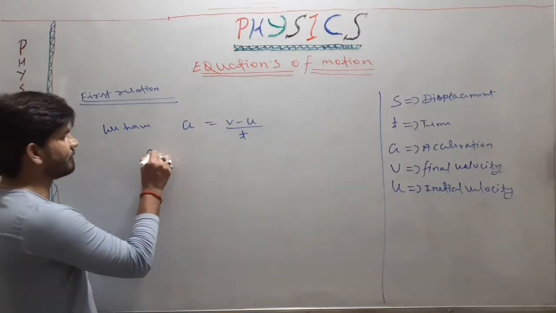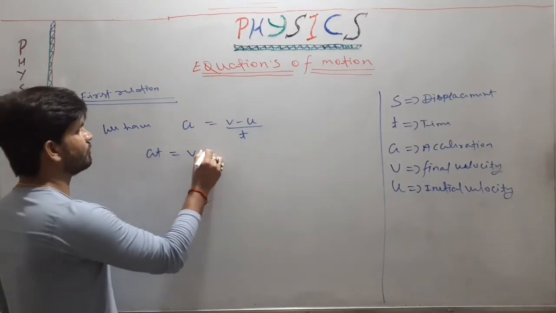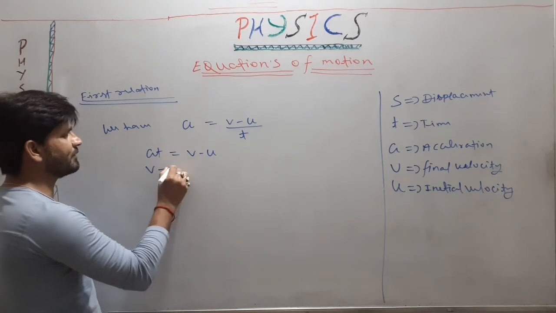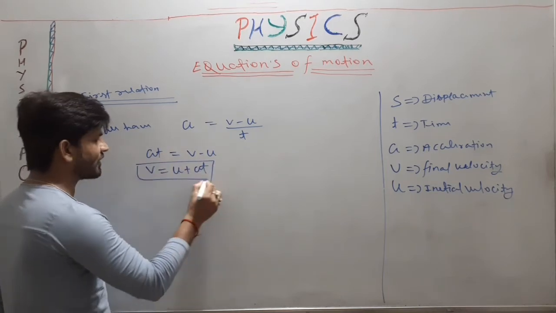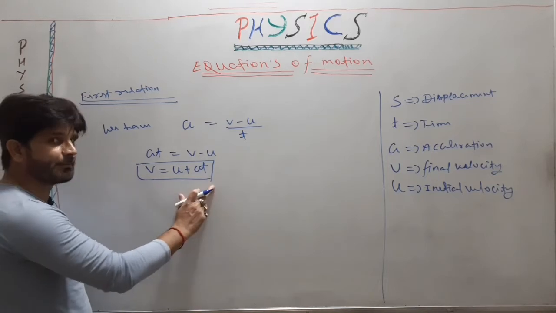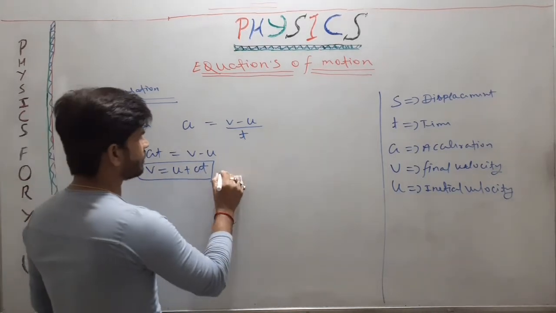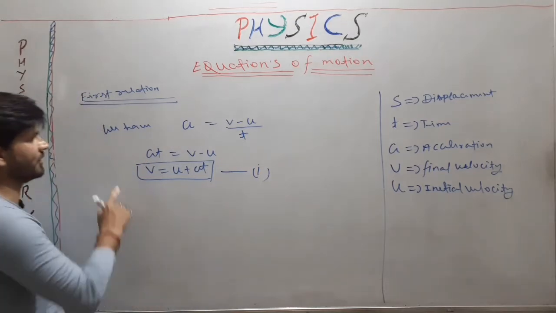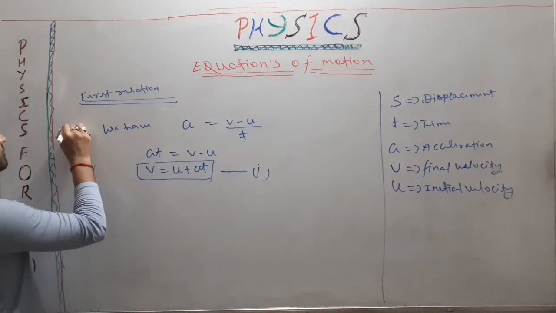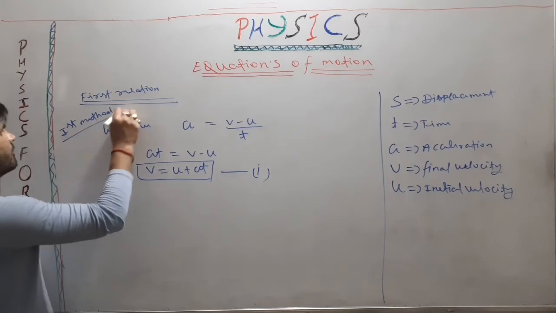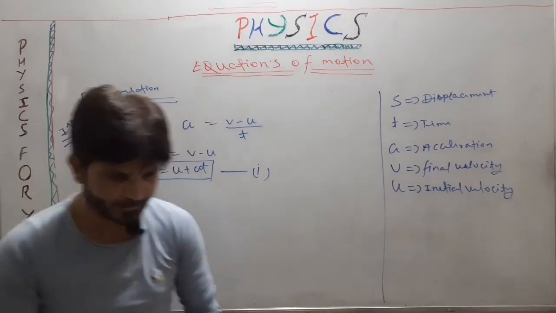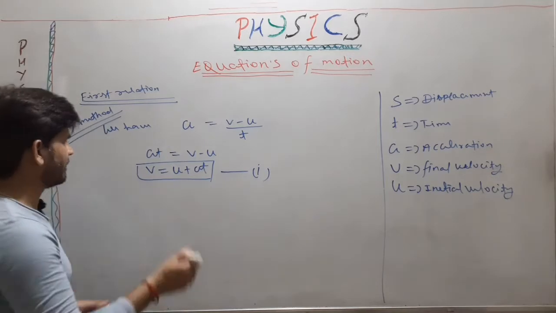By cross multiplying, we have at equals v minus u. By rearranging, we can write v equals u plus at. This relation is the velocity time relation and is called the first equation of motion. This is the first method, and now the second method.